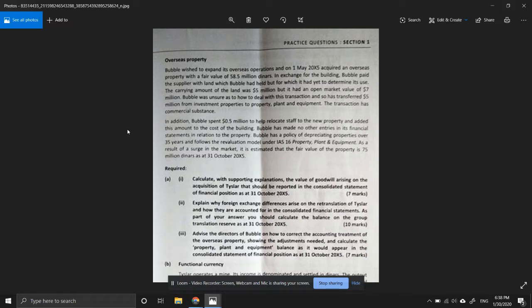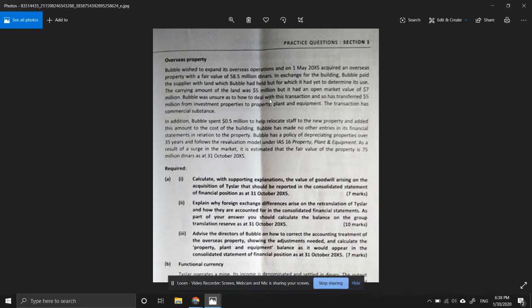Bubble paid the supplier with land which Bubble had held, but for which it had yet to determine its use. The carrying amount of the land was 5 million and it had a market value of $7 million. Remember, this is in dollars and this is in dinars, so there will be some translation needed as well, and it had an open market value of 5 million.